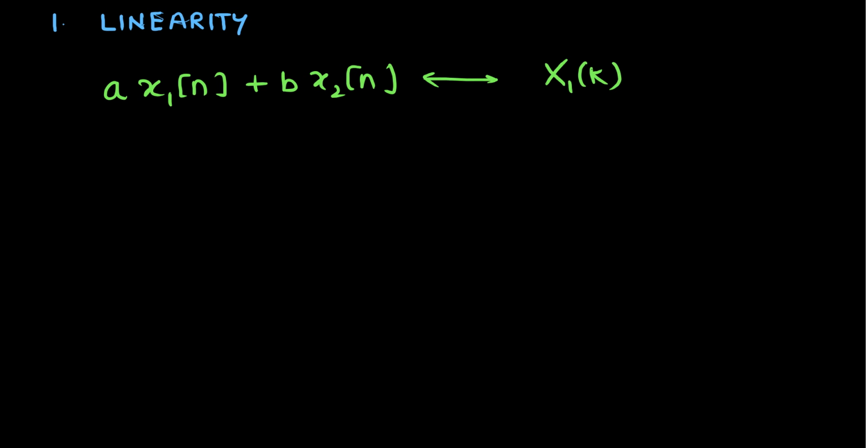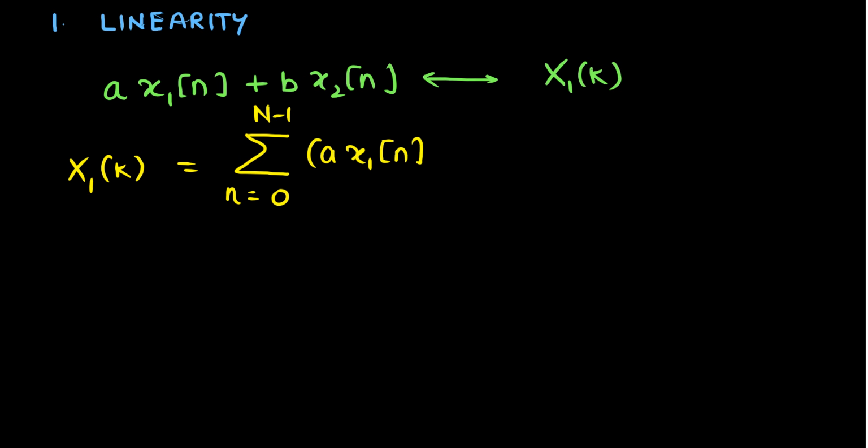So we have X3 of k is equal to summation n running from 0 to N minus 1, so our signal is a into x1 of n plus b into x2 of n, into e to the power minus j 2 pi k n by N.